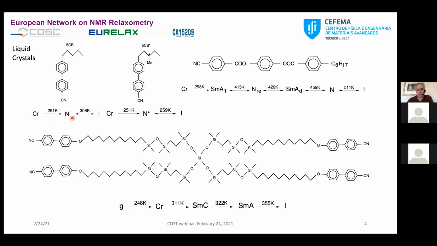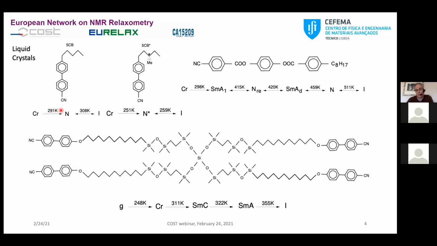This is one such compound, known as 5CB, one of the best known liquid crystals, and you are probably using it right now just because you are looking at a flat screen using a technology called liquid crystal display.